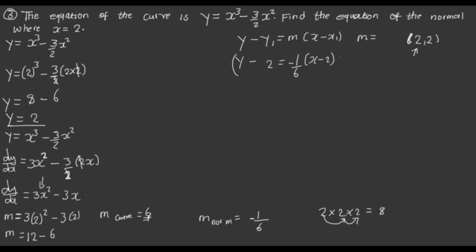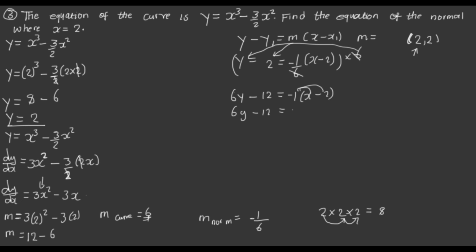So I'll do the same. I'll multiply this time by 6. So 6 times y, we have 6y, minus 6 times 2, we get 12. Then 6 times the expression on the right side, the 6 will cancel, leaving us negative 1, x minus 2. 6y minus 12, let's expand by multiplying everything in by negative 1.